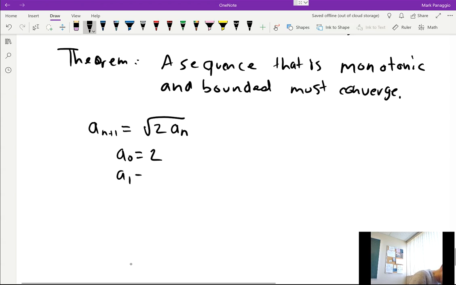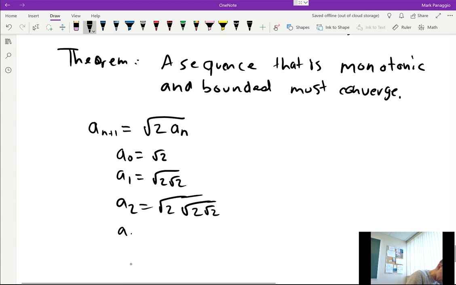Then a1 would be, no, let's make that square root of 2. All right, so a1 would be root of 2 times root 2. And a2 would be root of 2 times the previous one, which is root 2 of root 2. And you'll notice as we go on, we just get more radicals that pop up.